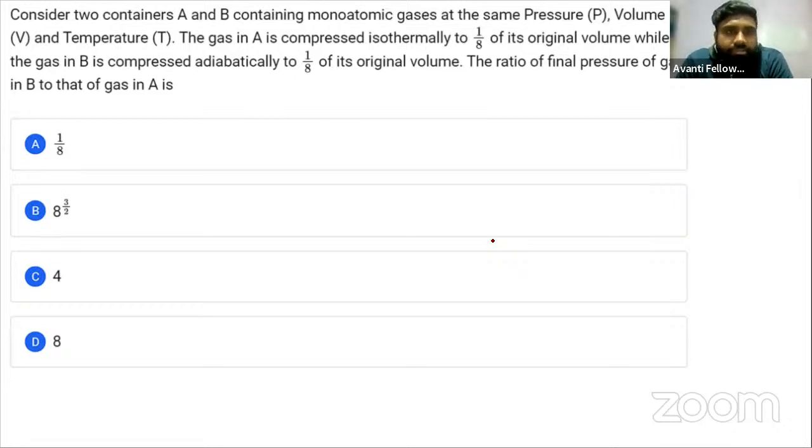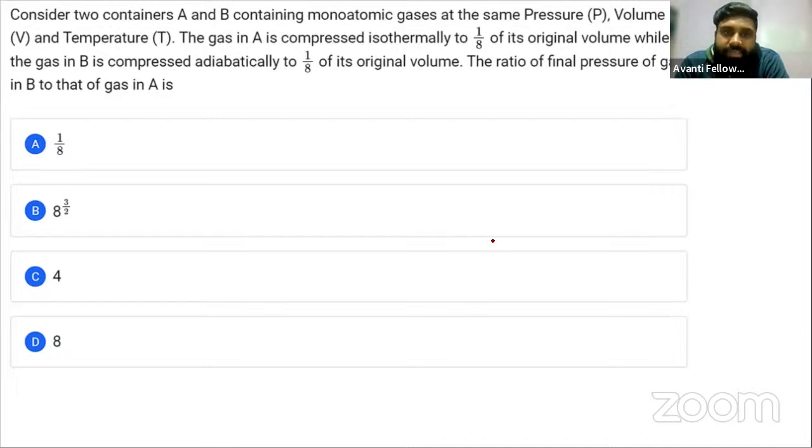In this question, consider two containers A and B containing monoatomic gas at the same pressure, volume and temperature. The initial pressures, initial volumes and initial temperatures of both the gases are the same.